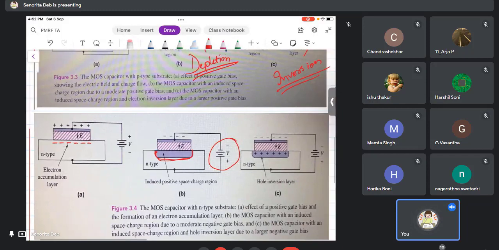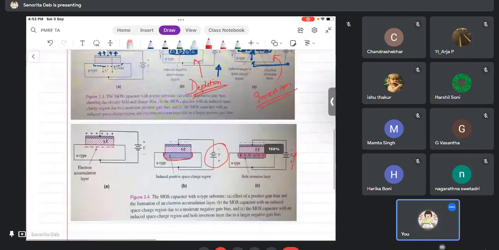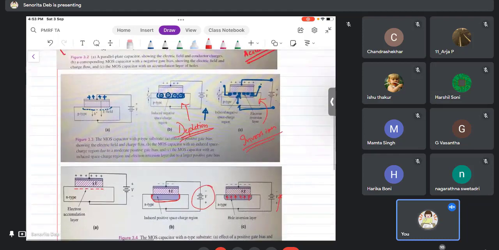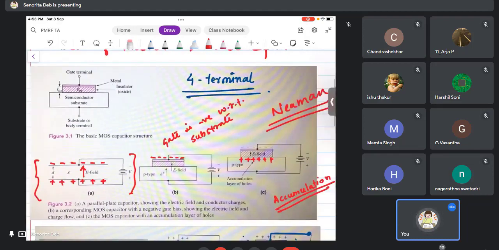When you keep on increasing this negative voltage, the holes present in the N type, the minority carriers, will get attracted, and thus the channel will form. And now the current will be because of this, right? So this is the basics of the MOS capacitor. Just have a look at it, and you can ask me anything if you want.